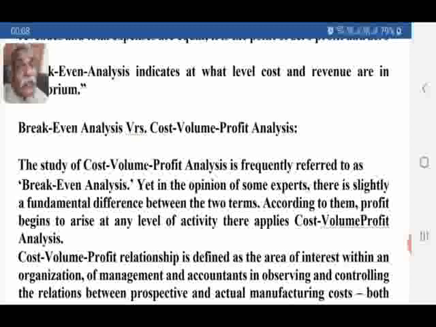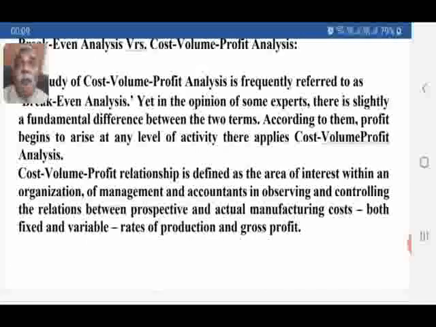Yet, in the opinion of some experts, there is slightly a fundamental difference between the two. According to them, profit begins to arise at any level of activity. There applies cost volume profit analysis.